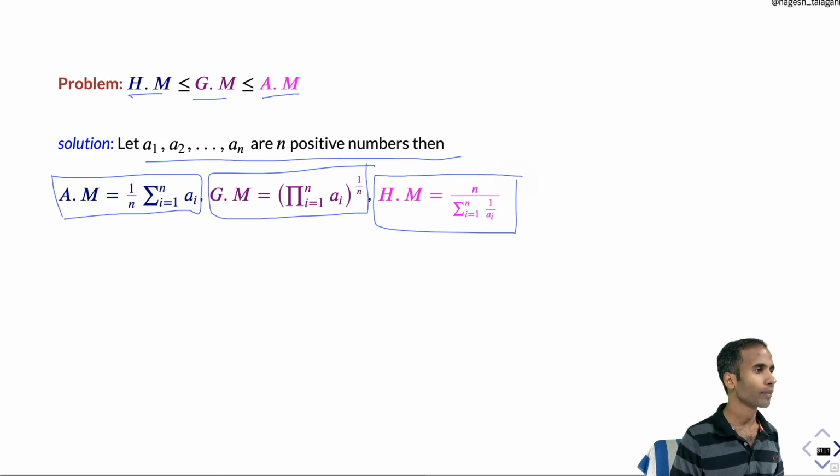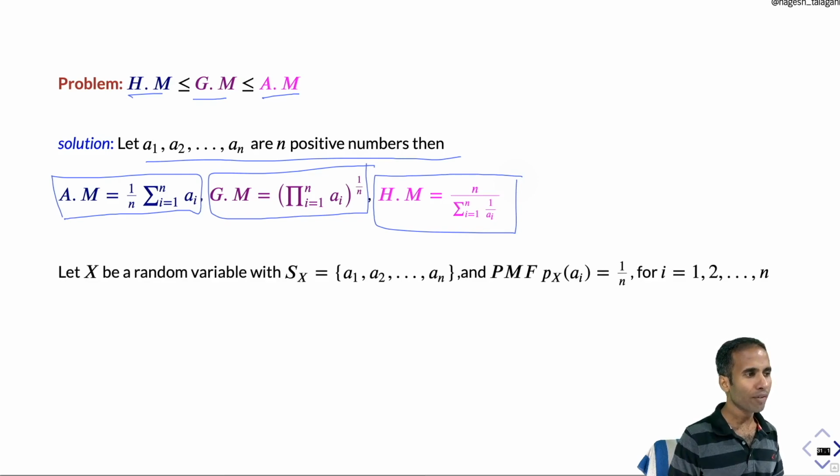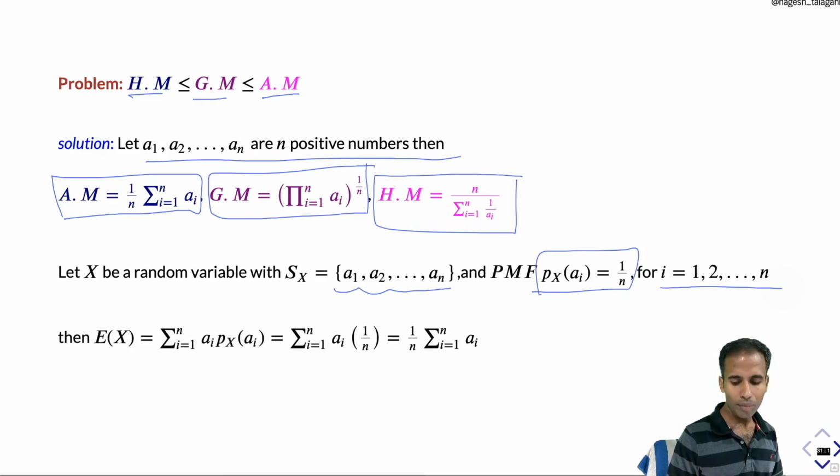Now first of all, let us take a random variable x with the following distribution. Let x be the random variable with the support Sx equal to a1, a2, and so on up to an, with the pmf px of ai equal to 1 by n for i equal to 1 to n. Now expectation of x is going to be summation i equal to 1 to n of ai times px of ai, which equals 1 by n.